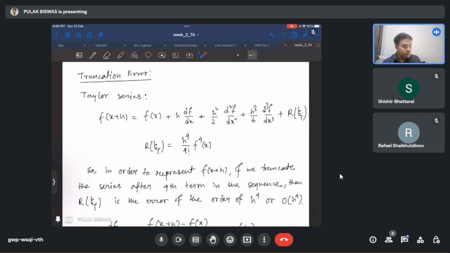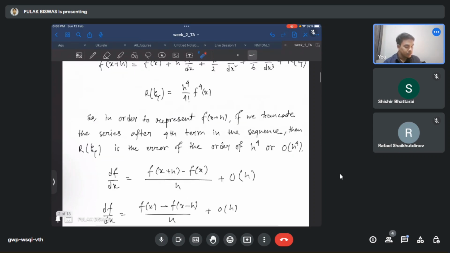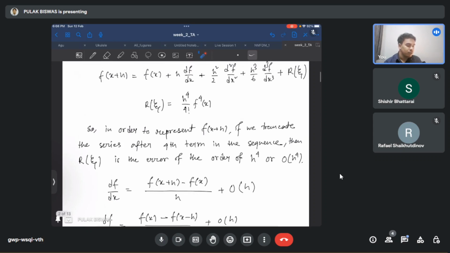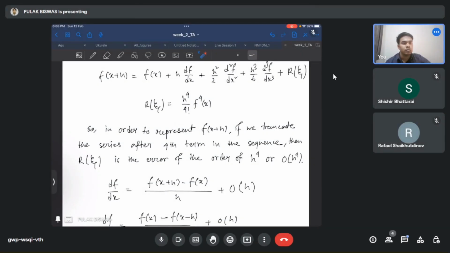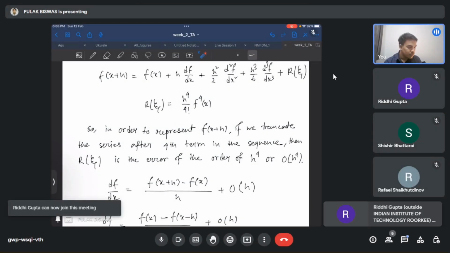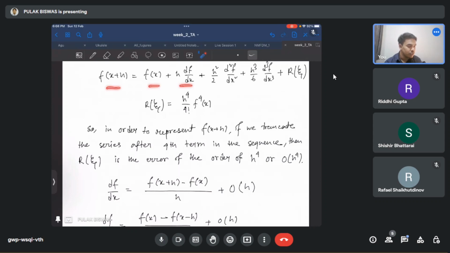Now we use this Taylor series to approximate the derivative terms. Suppose this one, the first derivative. For the first derivative, we neglect these terms and only consider these three to calculate the first derivative term for the forward difference scheme.